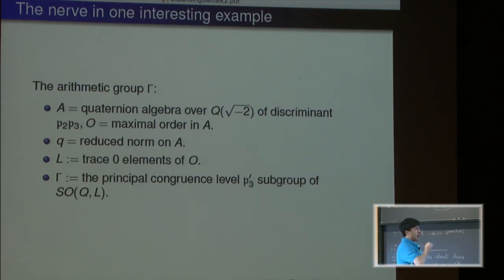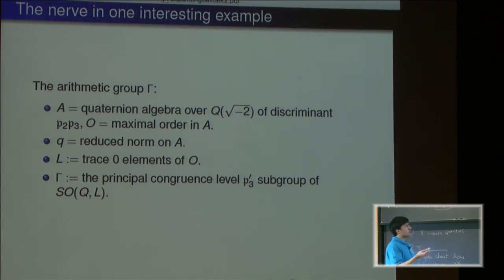I'm going to keep returning in this talk to this one fairly simple example. It's an example of an arithmetic 3-manifold. We start with a quaternion algebra over the imaginary quadratic field Q adjoin the square root of -2.